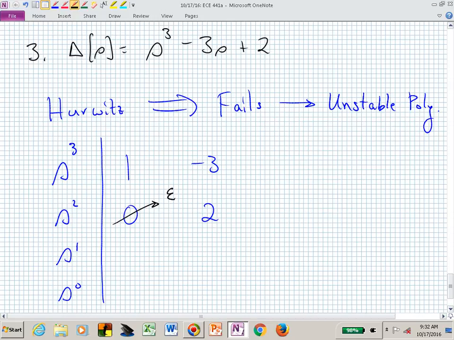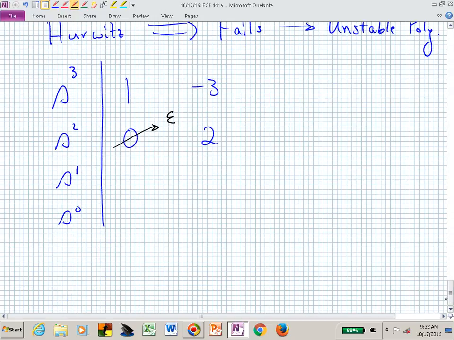In this case, if we now create the next row, the S1 row, we have epsilon times minus 3 minus 1 times 2 over epsilon. And thankfully, we don't have to mess with that mess necessarily when we get the S0 row.